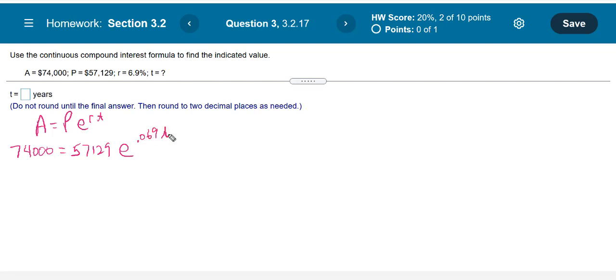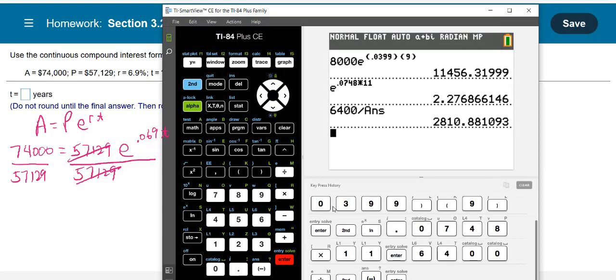And then t just stays a t. So here's what we do manually to solve that. We need to begin by dividing both sides by the 57,129. And as I pointed out before, rounding off at this point will give you an incorrect answer.